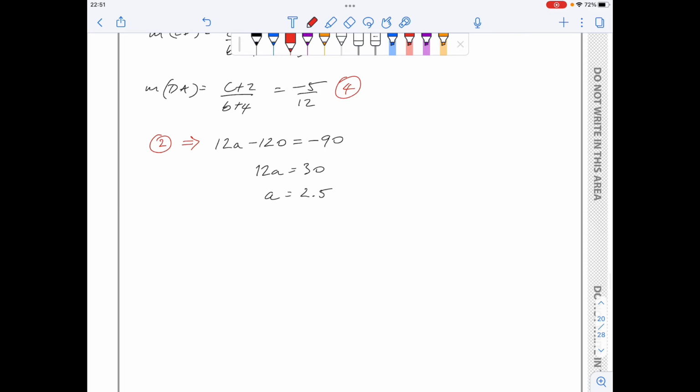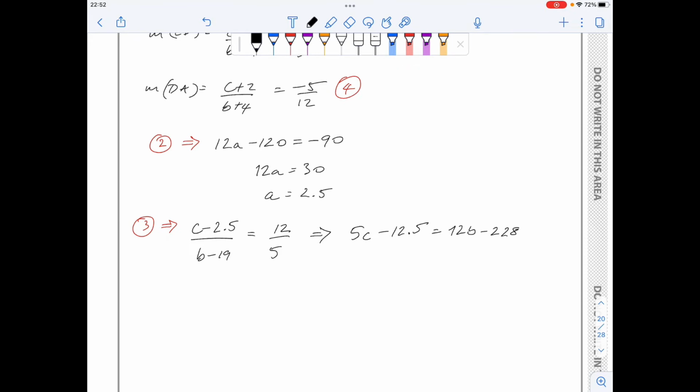So from equation 3, I get the following: C minus 2.5 over B minus 19 is equal to 12 over 5. If I cross multiply, I will get 5C minus 12.5 equals 12B minus 228.